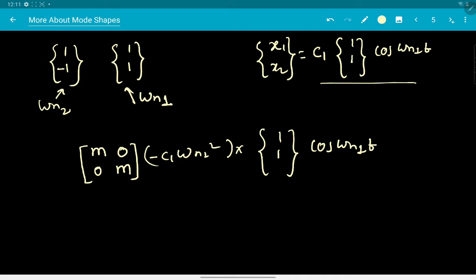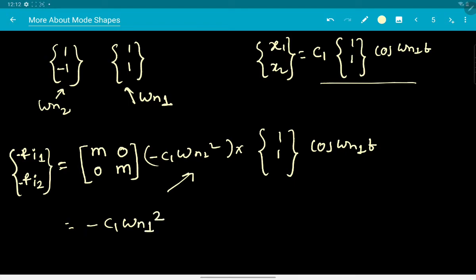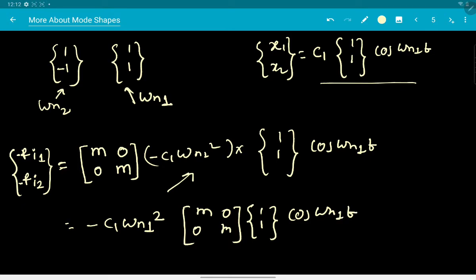At any time, this will be the inertial force vector. I'll call it Fi, the inertial force of mass number 1, and this is Fi2. So it is equal to minus c1 omega n1 square times m, 0, 0, m, times 1, 1, cosine of omega n1 t.